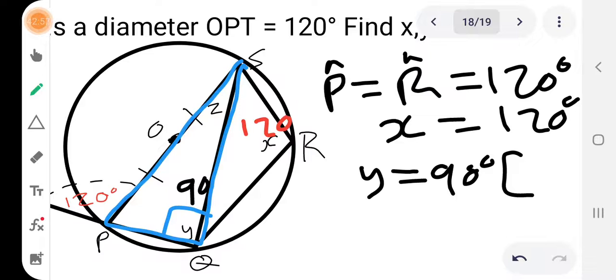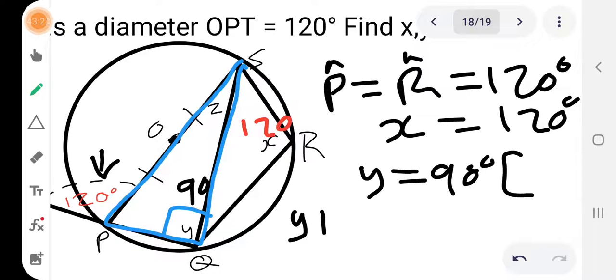How are you going to find z? We are given this angle is 120 degrees, and we have y as 90 degrees. In this case, we can say that the exterior angle of a triangle is equal to the sum of the opposite interior angles.